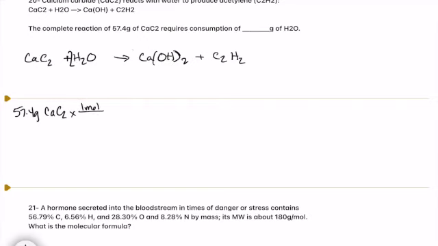So we start with our given, 57.4 grams of CaC2. We find the formula mass for that. 1 mole is equal to, add calcium and 2 carbons. We have roughly 64.09 grams per mole.